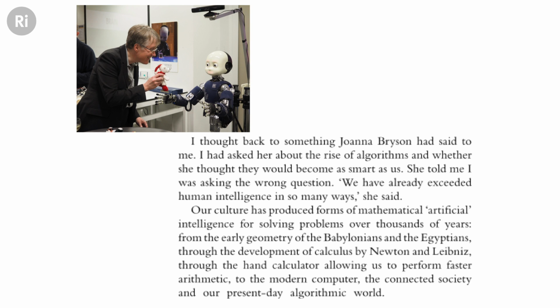Our culture has produced forms of mathematical artificial intelligence for solving problems for thousands of years, from the early geometry of the Babylonians and the Egyptians, through the development of calculus by Newton and Leibniz, through the hand calculator allowing us to perform faster arithmetic, to the modern computer, the connected society, and our present-day algorithmic world. And I think it's that thought that I'll leave you on. Thank you.